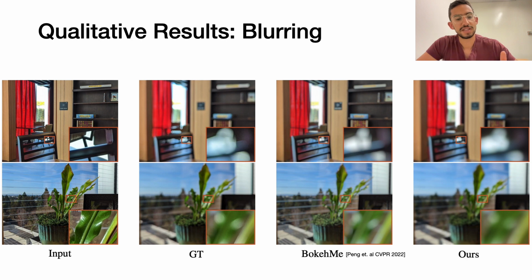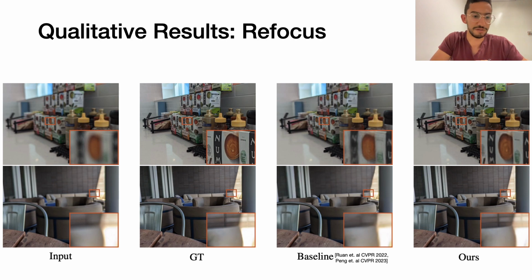Here we set the input as an all-in-focus image, and we set the target to be an image with a shallower depth of field, and you can see that we get bokeh effects similar to state-of-the-art synthetic blurring methods. One other thing that our method can do is image refocus.